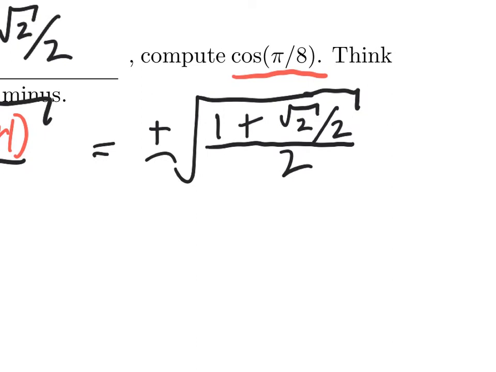So I see a fraction in the denominator. 1 plus square root of 2 divided by 2. So I should get a common denominator. Should we write that 1 as 2 over 2?